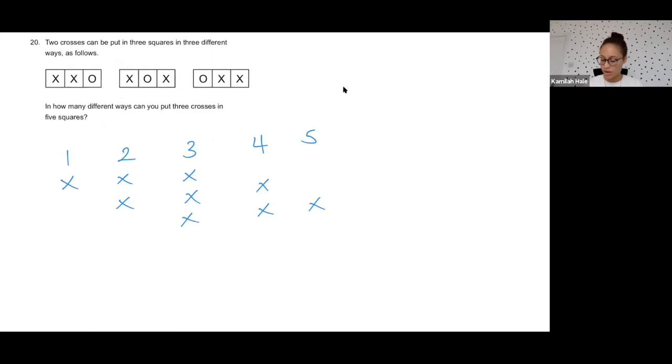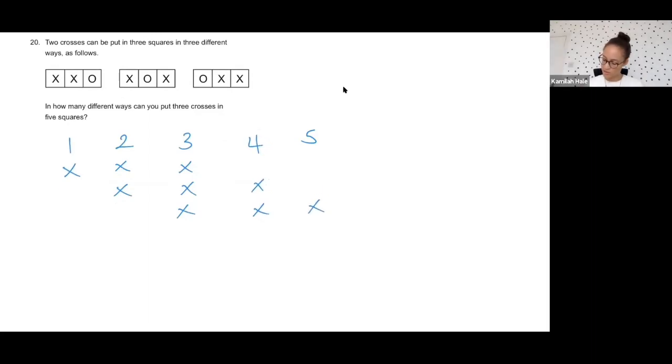Now you'll try a slightly different combination. Can't move these up nicely, sorry. So let's try maybe 2 together and 1 separate. So if I put that one there, and then 2 together, and that one over there.